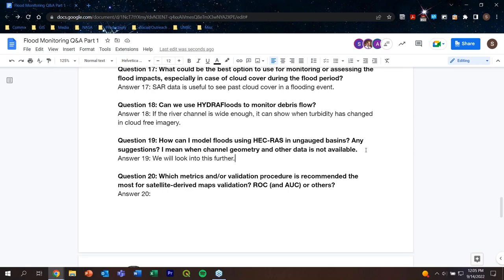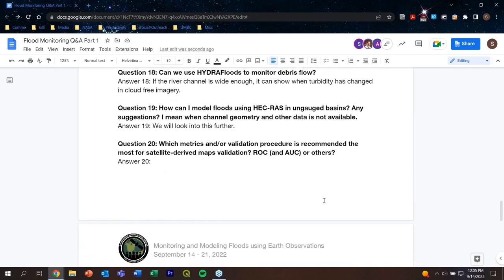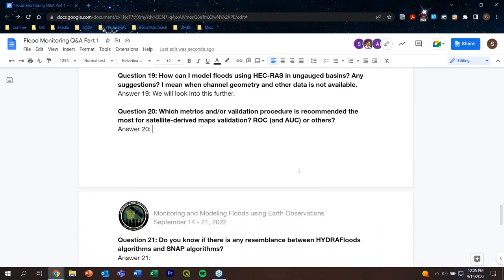Question 20 is, which metrics and or validation procedure is recommended the most for satellite derived maps validation?